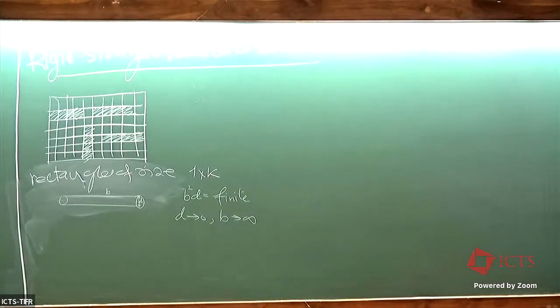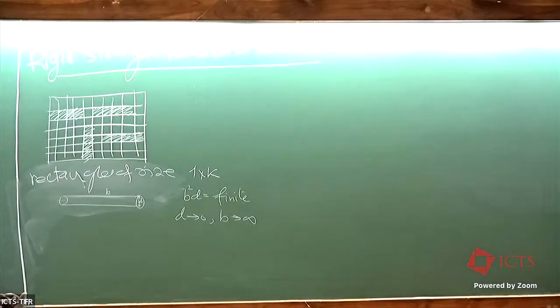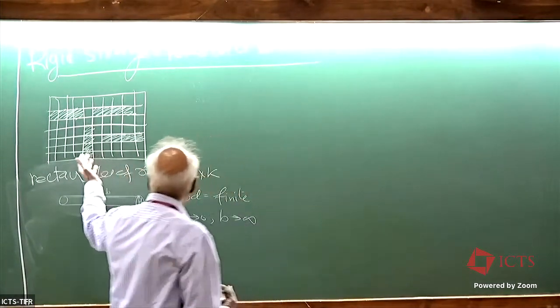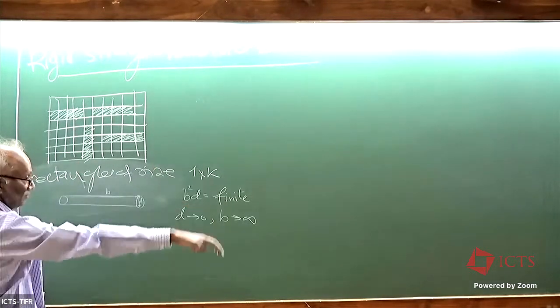So then there was the question: can one see this phase transition in lattice models? The lattice model was defined by Swansea, but it was not very clear that the lattice model also shows a phase transition. The point was that if you have a low density, then there are very few rods which are very far from each other.